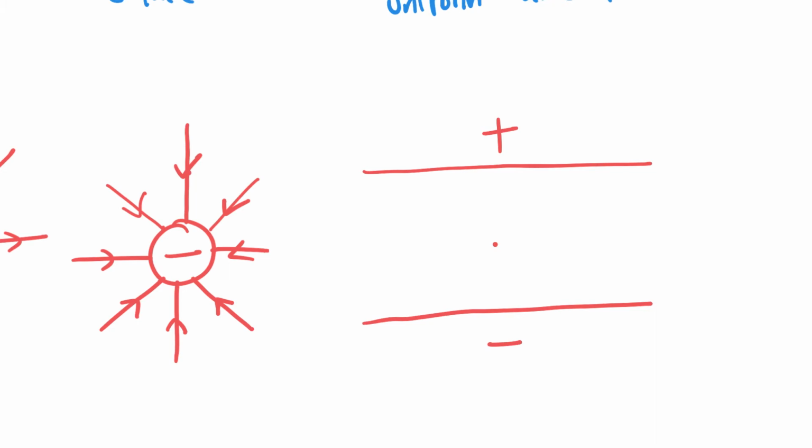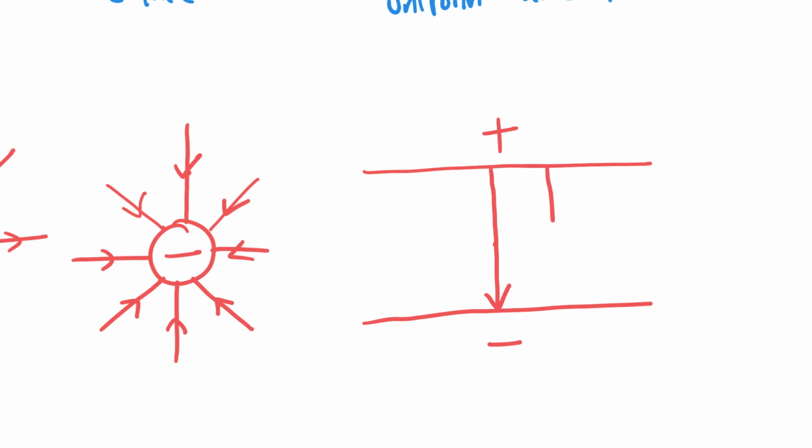What direction is that going to move in? Well, that positive charge is going to be attracted towards the negative plate and repelled from the positive plate. So it's going to act down, which means our field lines are acting downwards from the positive to the negative.